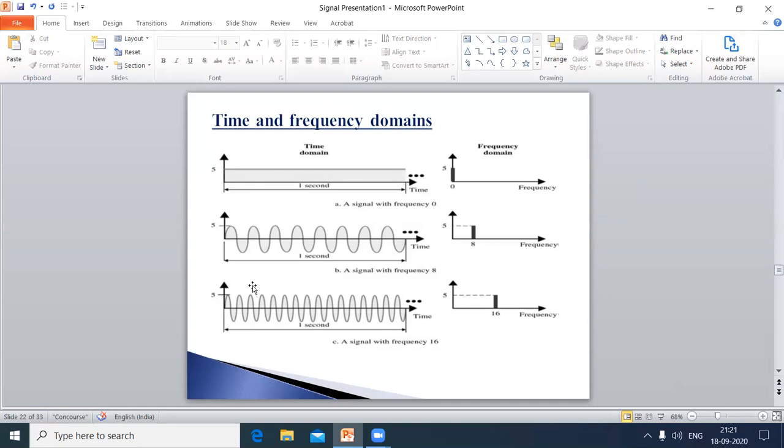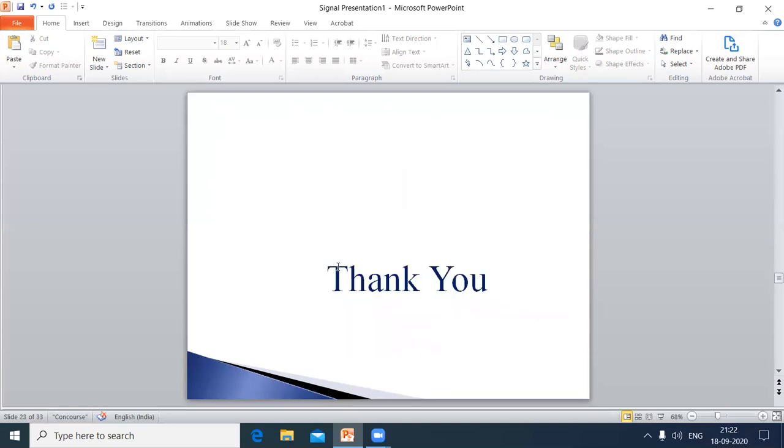Second one, a signal with frequency 8. You count 1, 2, 3, 4, 5, 6, 7, 8 analog waves. That means frequency 8. Next example, 16 frequency in 1 second. Okay, thank you.